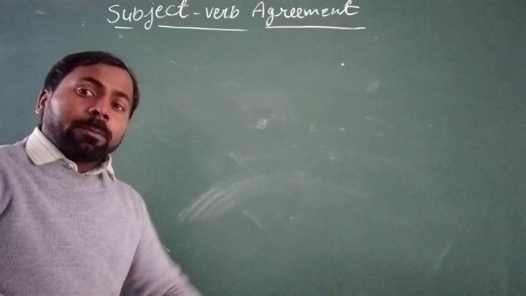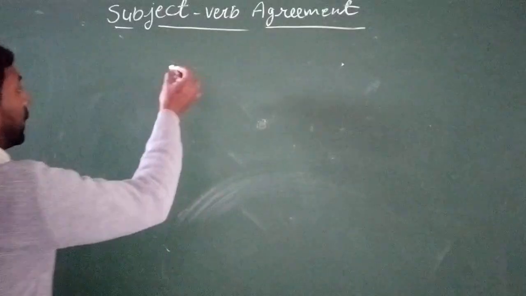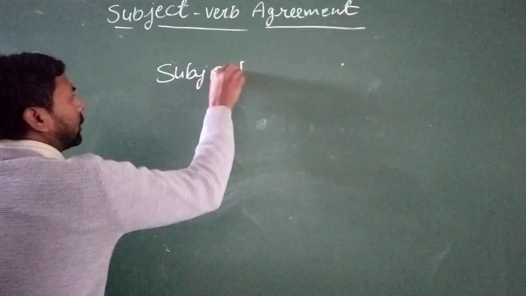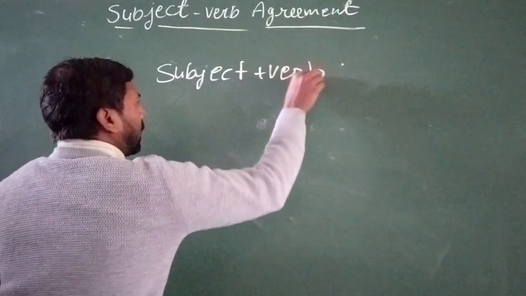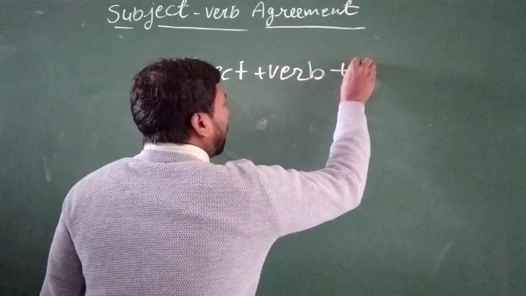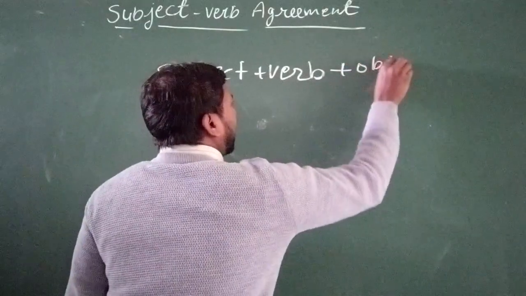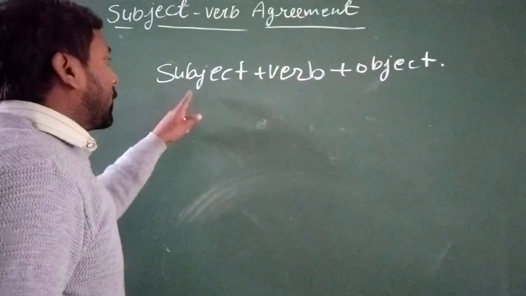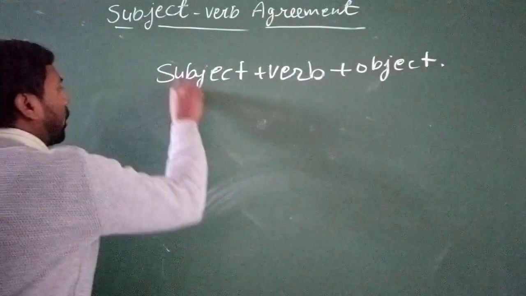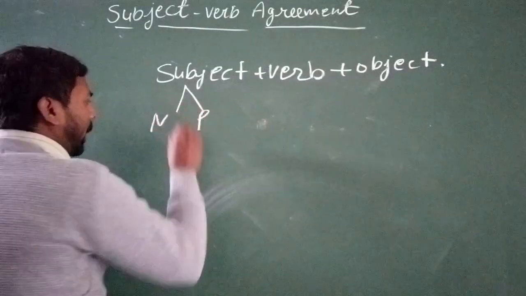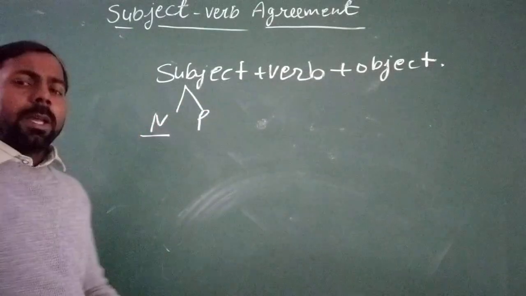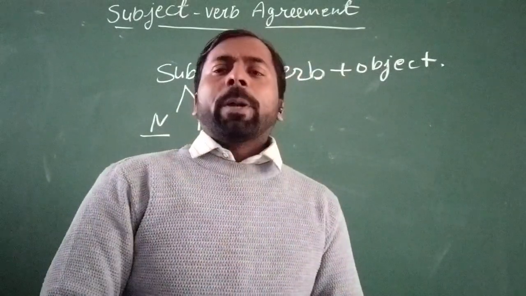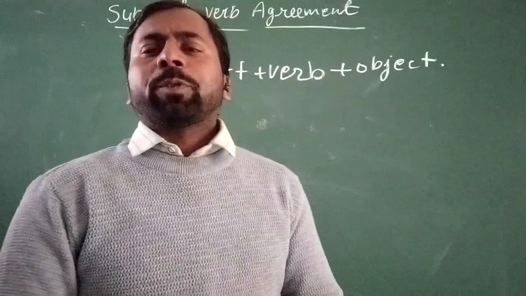See here, it is a simple structure of the sentence: subject plus verb plus other words or object. Is it clear? First we are talking about the subject's noun parts and then the pronoun parts. Nouns have a lot of kinds: proper noun, common noun, collective noun, abstract noun.